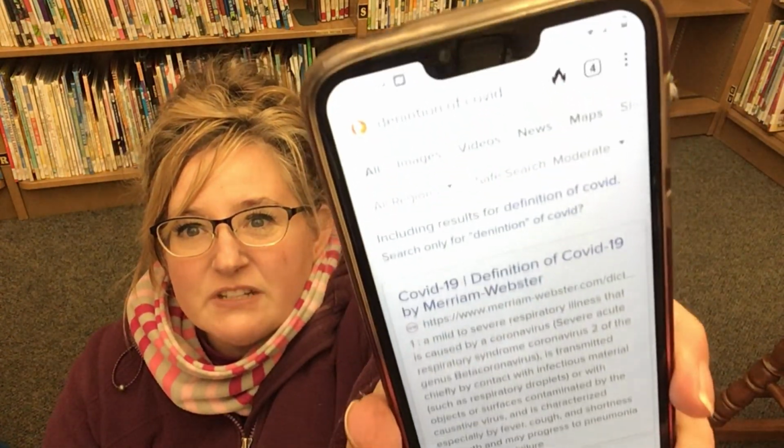Okay, so I'm going to look up the definition, which actually I already did. You can't see it. Definition, COVID-19. If I hold my phone far enough away, I can read it. Okay, a mild to severe respiratory illness.